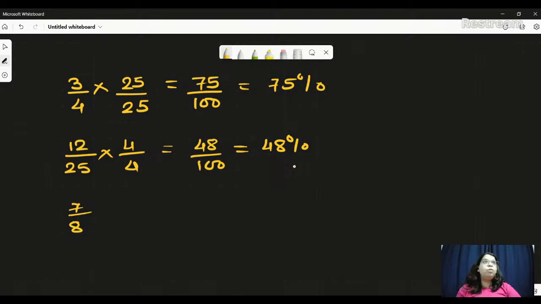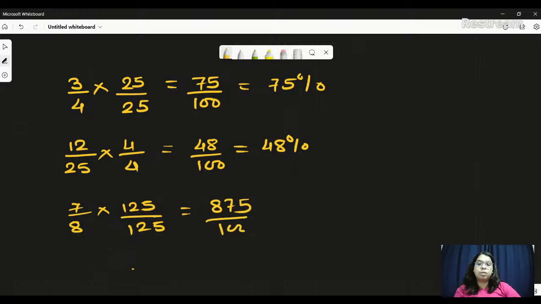There is no whole number that can be multiplied to 8 to make it 100. So we first convert it into 1000. We multiply 7 times 125, which is 875. So that is going to be 875 over 1000.